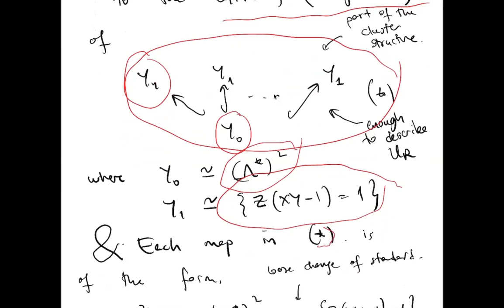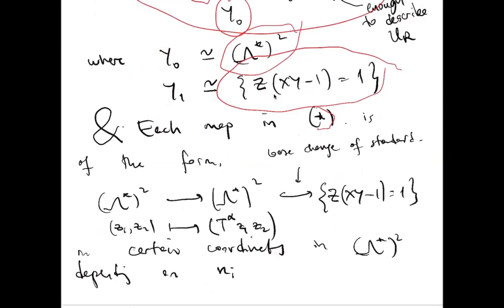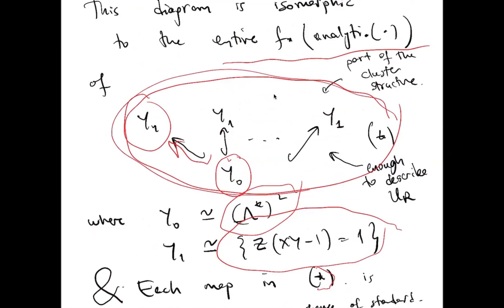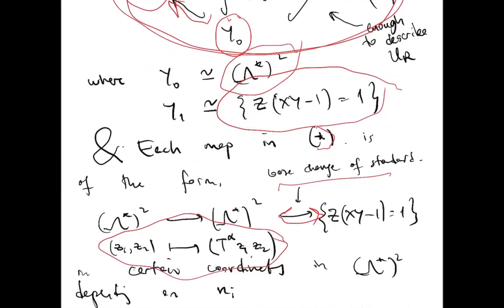And each map in this diagram is not exactly of the form that I see in the cluster world. It's not exactly the base change of the standard map from C, working over the complex numbers, but it also has this translational component. So you translate a little bit and then you map it in with the standard thing. And this diagram, I know, defines a cluster manifold. So this covers, I think, actually the cluster manifold UR, if all of this was over C. But it's not over C, it's just over the non-Archimedean field.